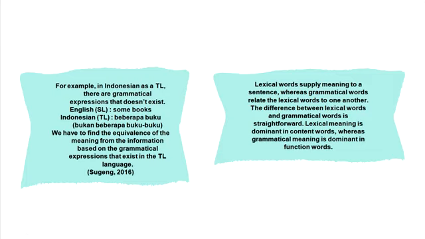Lexical words supply meaning to a sentence, whereas grammatical words relate the lexical words to one another. So the difference between lexical words and grammatical words is straightforward. Lexical meaning is dominant in content words, whereas grammatical meaning is dominant in function words.